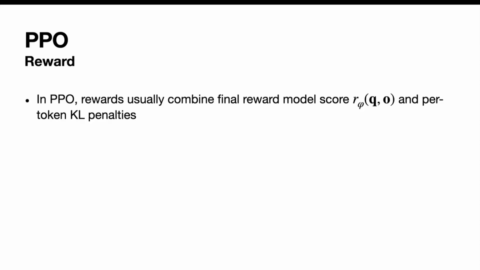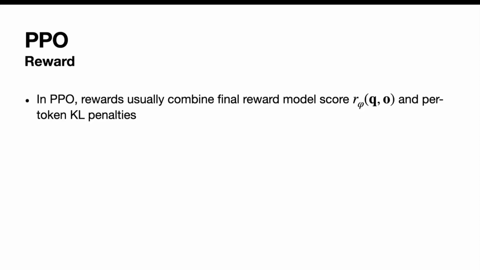As we mentioned earlier, in PPO, the reward signal usually combines two parts: the final reward model score r_phi of Q and O, and a per token KL penalty. The reward model gives one score for the whole generated answer, but in LLM PPO, each generated token is treated as an action. So we need token-level quantities such as log probabilities, KL penalties, and advantages.